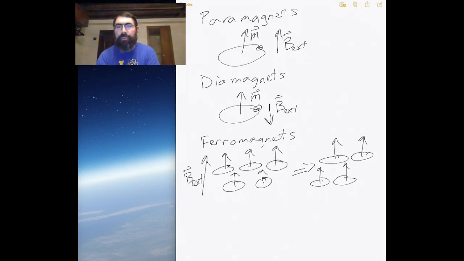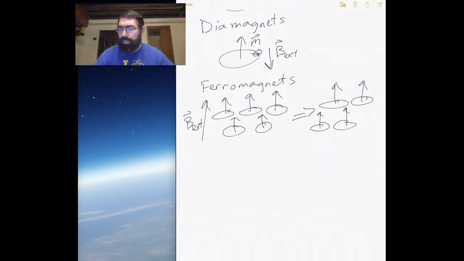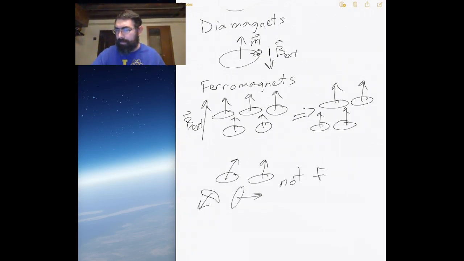In materials that are not ferromagnetic, if I remove that external magnetic field, then I would get just random alignment, like so.